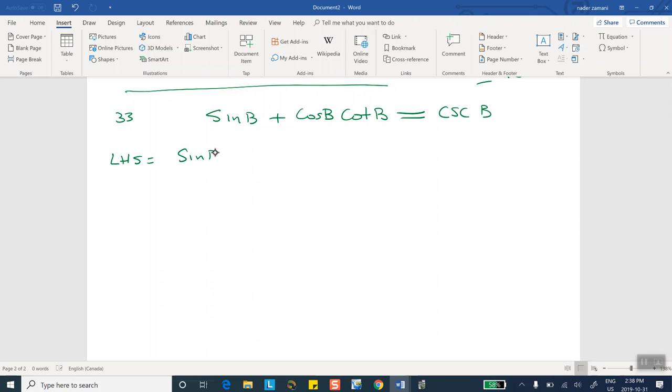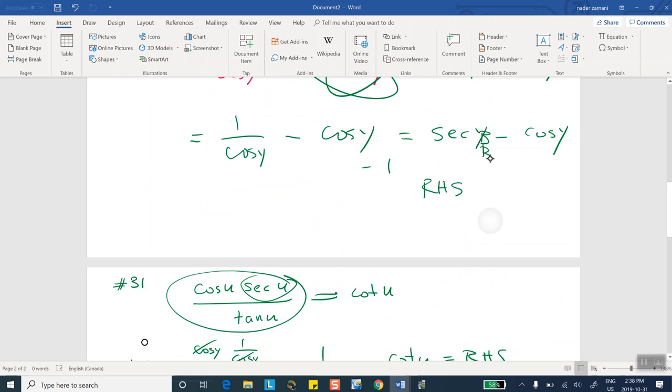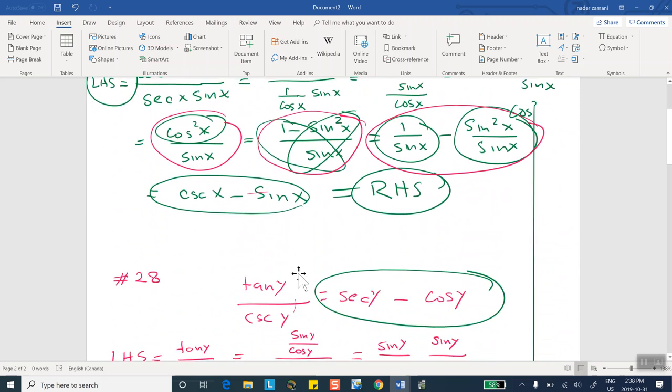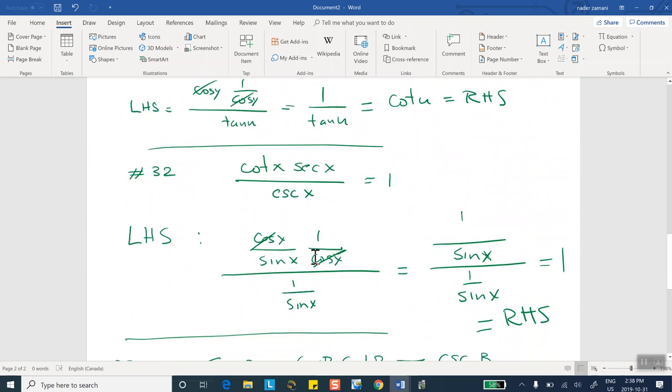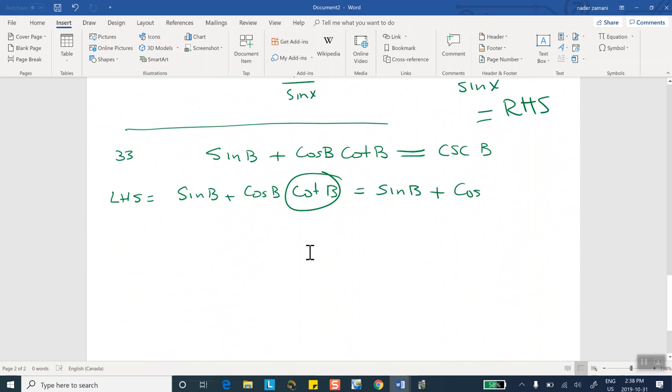Sine of b plus cosine of b times cotangent of b. Well, let's replace cotangent with cosine over sine. This is sine of b plus cosine of b times cosine of b over sine of b.